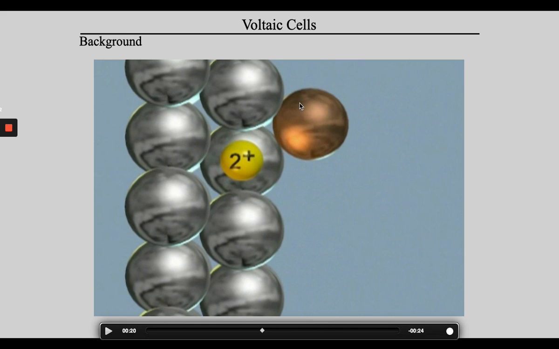It goes from +2 to 0. It becomes an element, and it plates onto the zinc. That was the fuzzy stuff you saw in lab. But guys, notice the zinc atoms are losing electrons. They are being oxidized. When the zinc metal is oxidized, what happens to these ions? They go into solution. To copper metal.